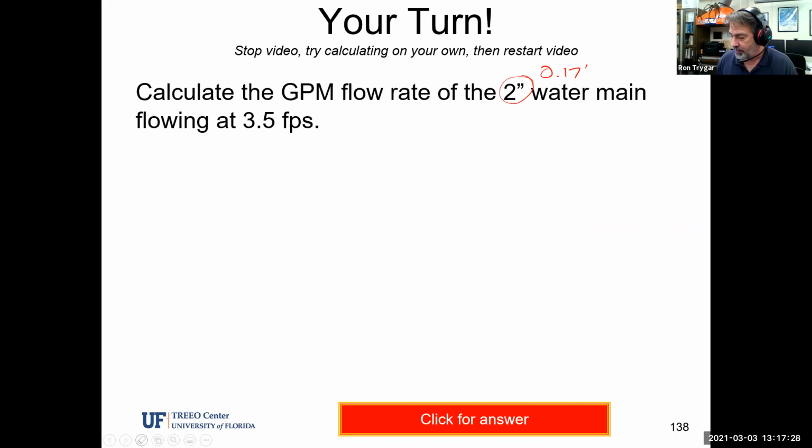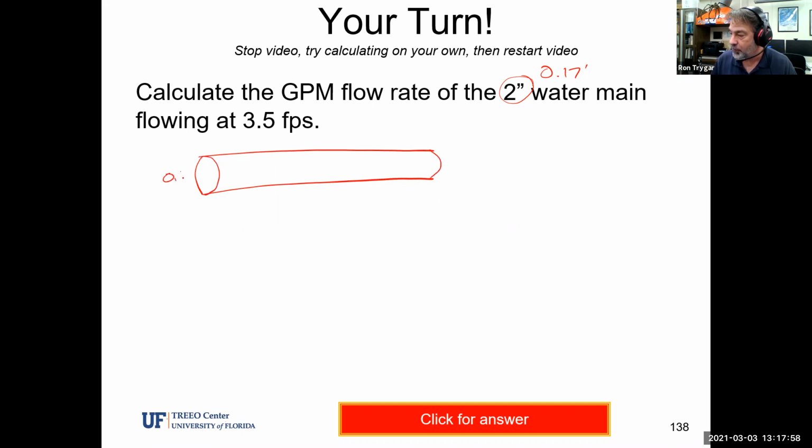And the next thing we have to do is start thinking about this feet per second and feet of water main diameter, and start converting things. So we have this skinny little pipe, or 2-inch water main, that's flowing at 3.5 feet per second. So let's just do this. We've got a piece of pipe. This was a 2-inch piece of pipe, but now it's not 2-inch anymore.